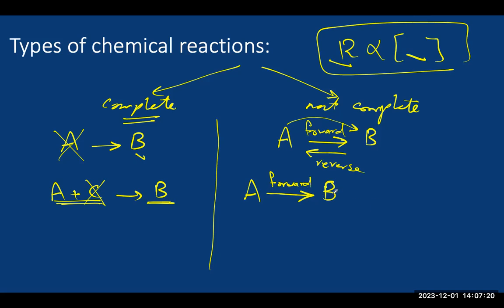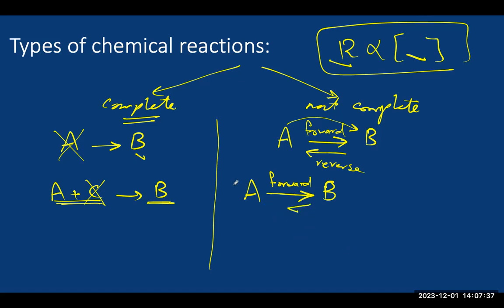But at a point, as we said, B will start to participate when it reaches a specific concentration, so the reverse reaction starts. But because the concentration of B is still small, the reverse reaction starts at a small rate.